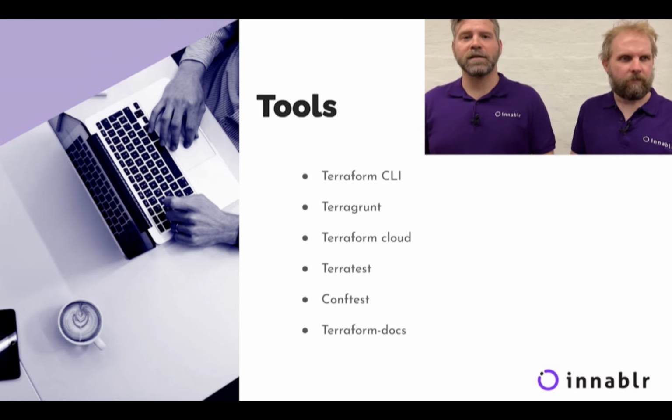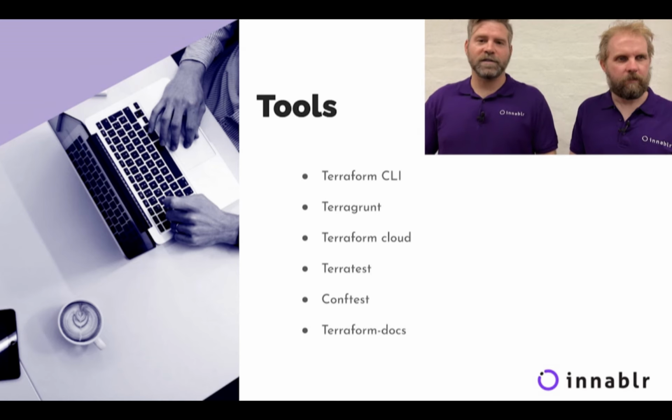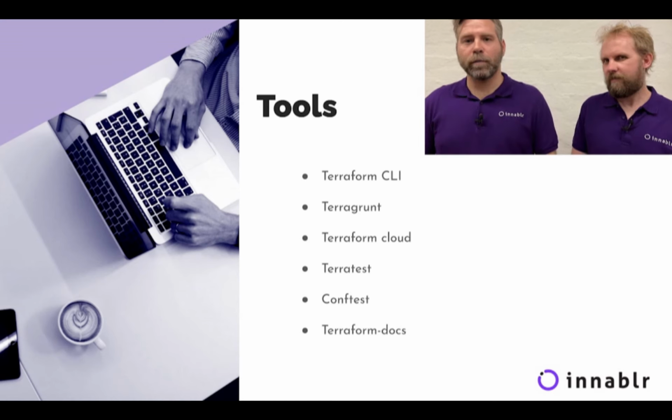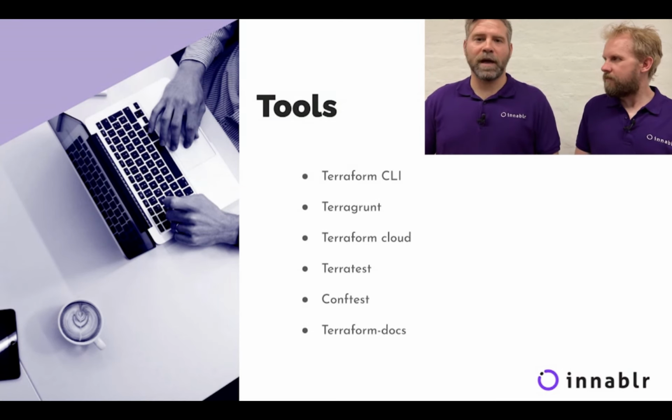And lastly, Terraform Docs. This is a fabulous tool. Why? Because I don't have to write documentation on my modules. It automatically grabs the variables and the info in your repo and creates a nice README so that you don't have to do it.